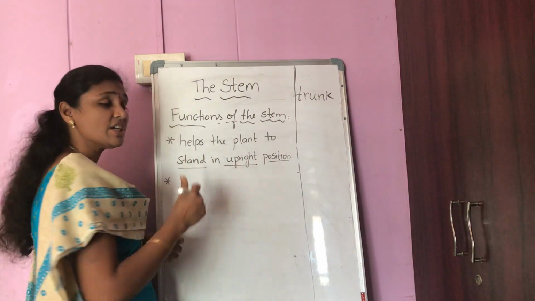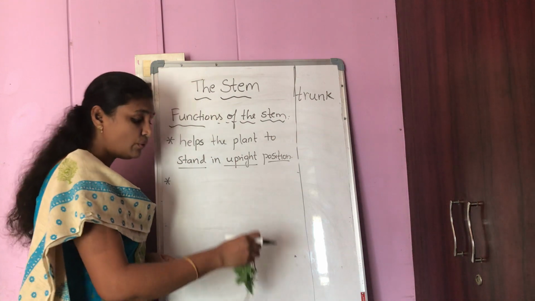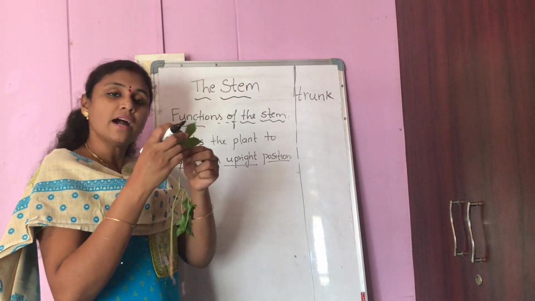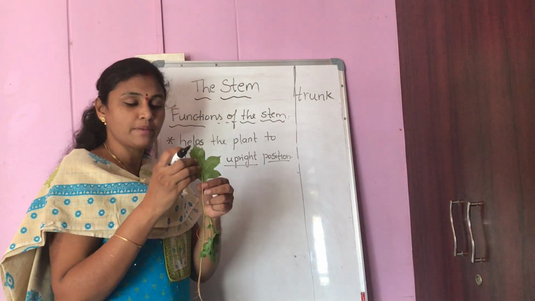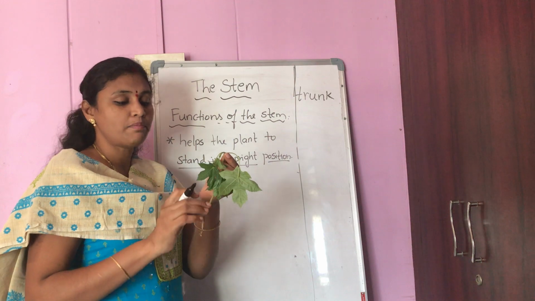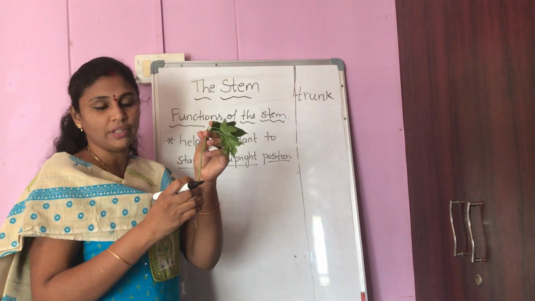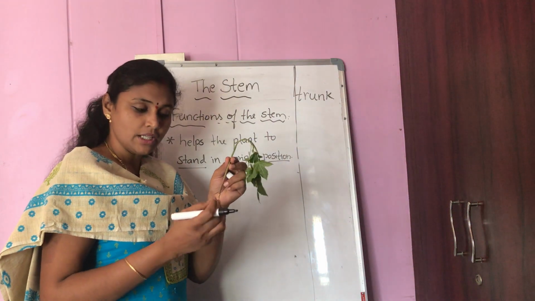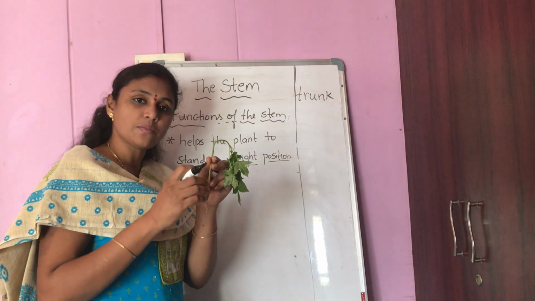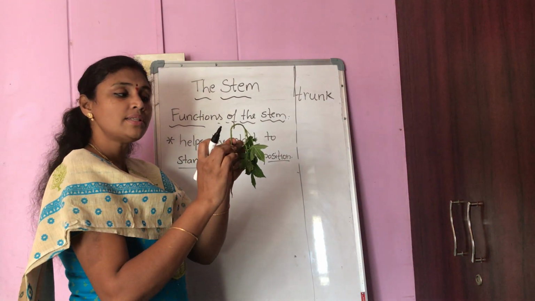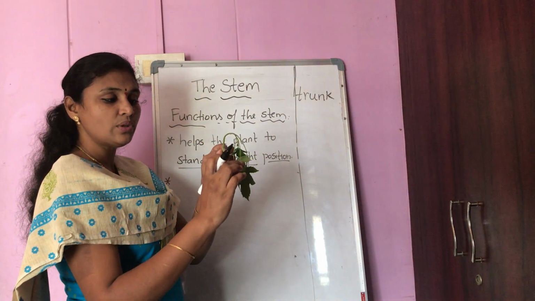What is the next function of the stem? We know that the leaf prepares the food for the plant, right? And after the leaf has prepared food, it is carried to all parts of the plant through the stem only. The roots absorb water and salts. Once the root has absorbed the water and salts, it is carried through this stem and taken to the leaves.